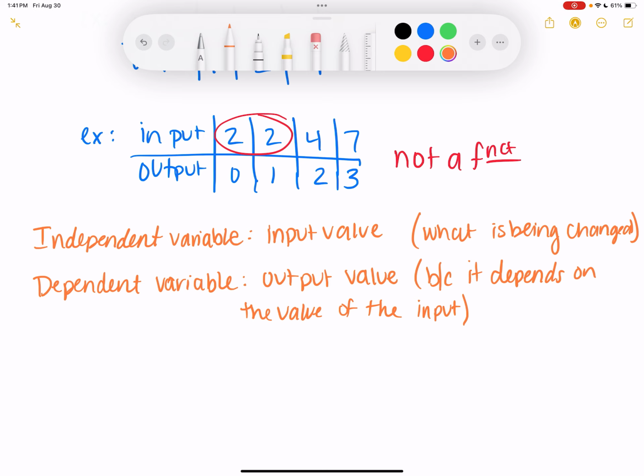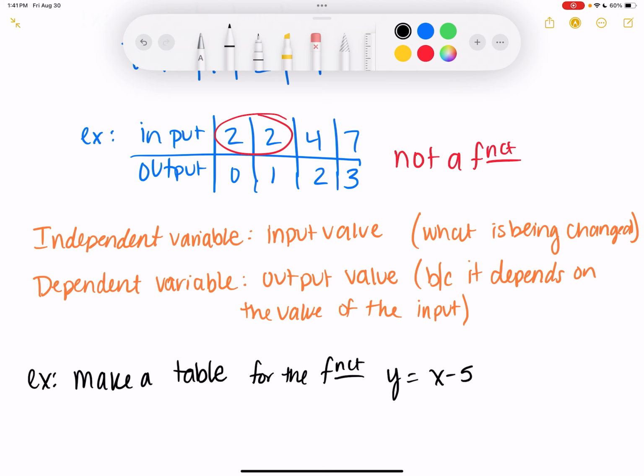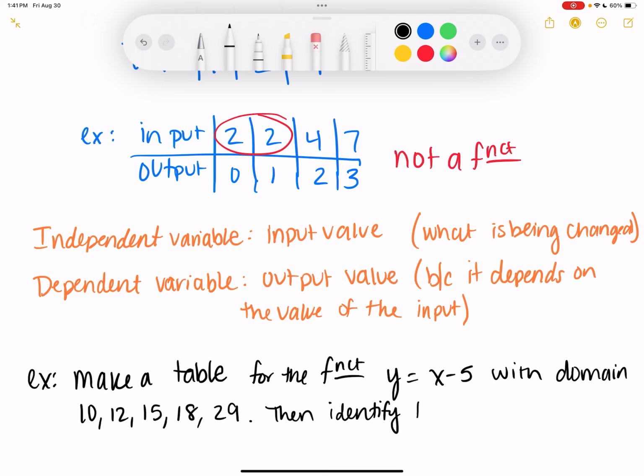So if they tell us to make a table for the function y equals x minus 5 with domain 10, 12, 15, 18, and 29, then identify the range of the function.